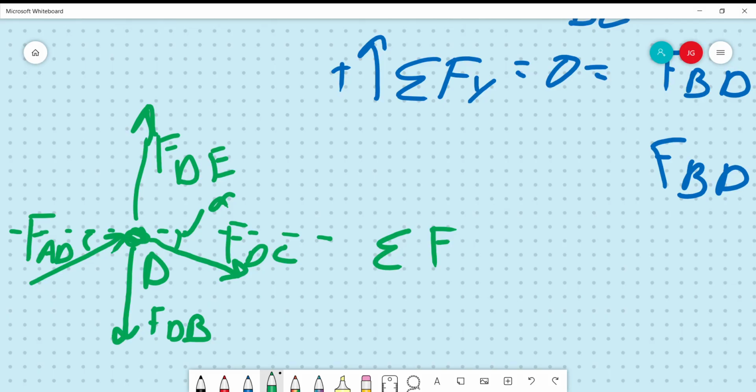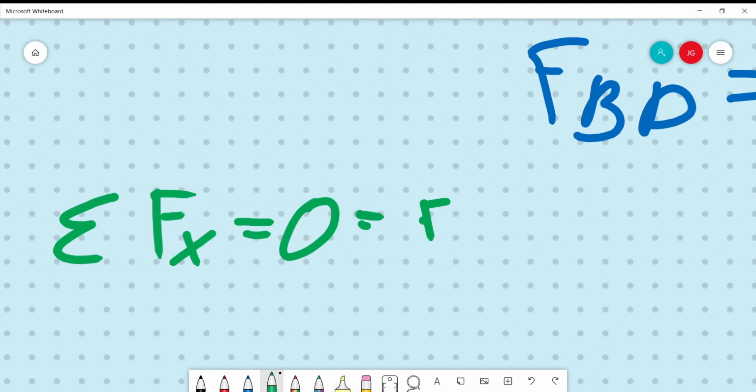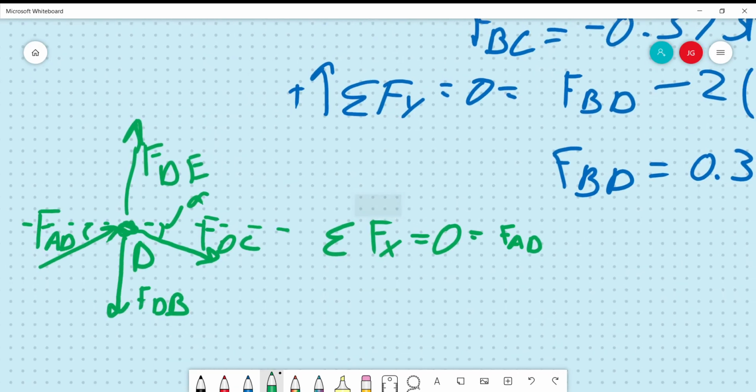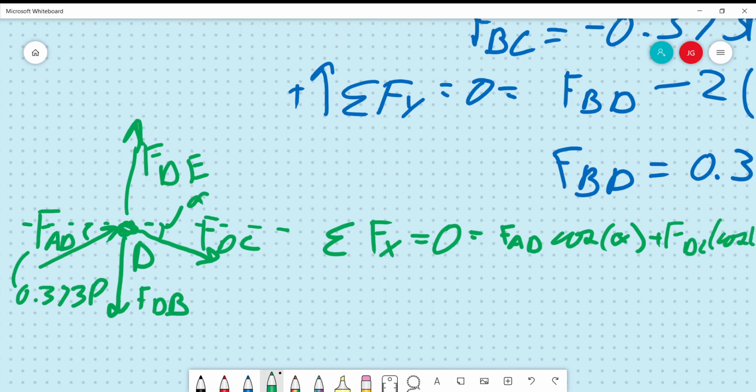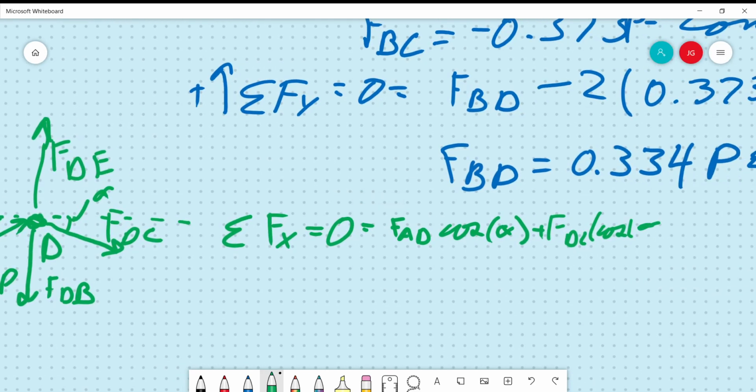So we're going to do some forces in the X equals 0, which gives me FAD, and as you remember, this is also equal to that 0.373P cosine alpha plus FDC, because I wrote in tension, cosine alpha.